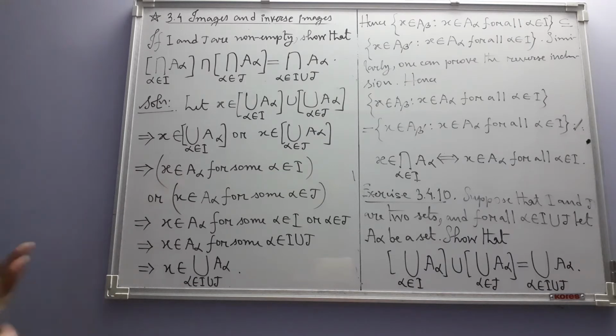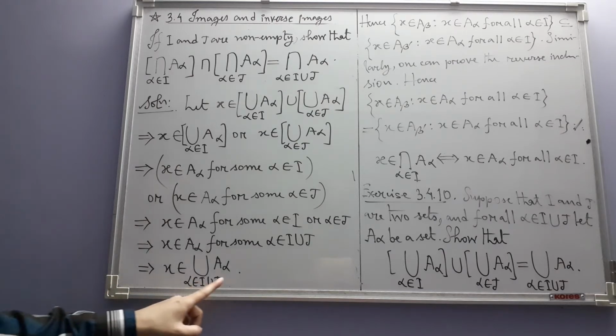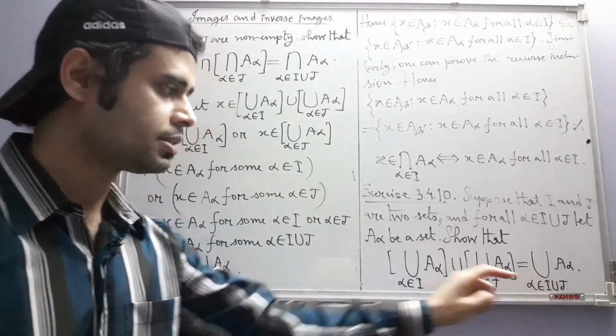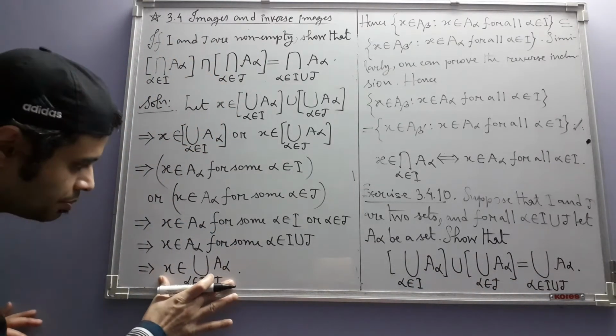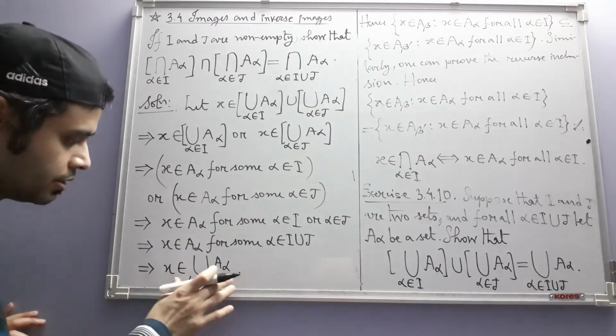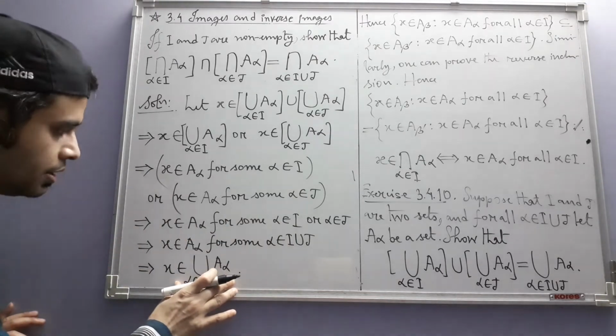Now here itself we can try to see if the converse is true. You choose any element in this union. So we are now considering an element in the second set. This means x belongs to A alpha for some alpha belonging to I union J by the definition of this union.